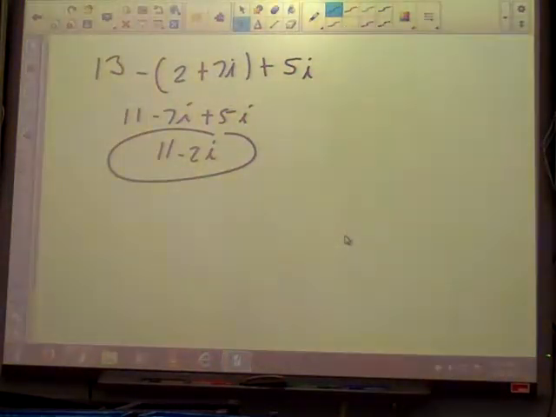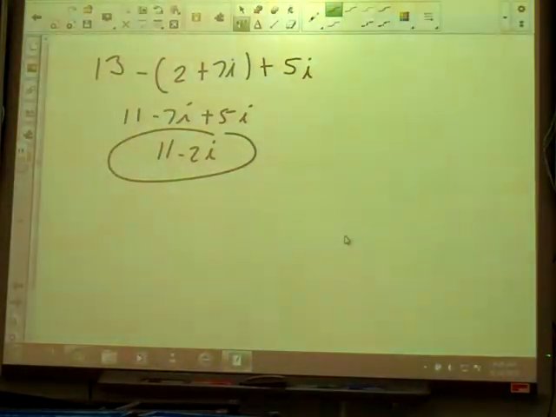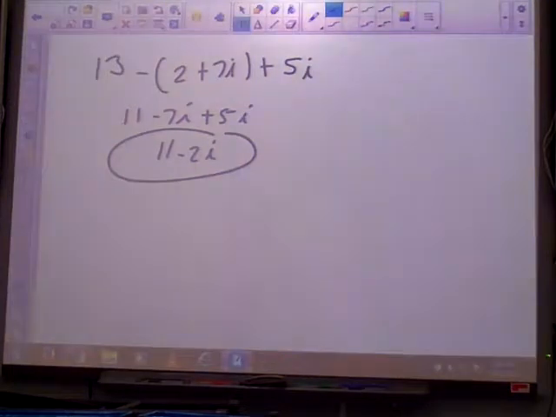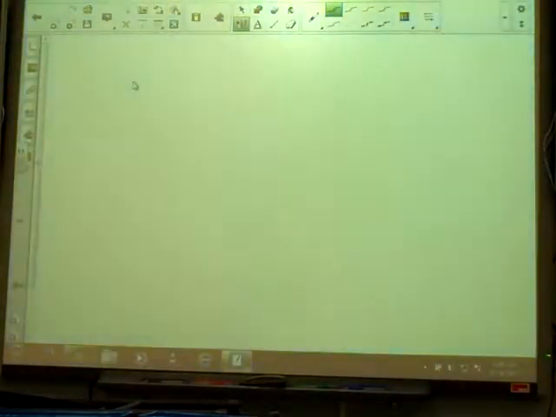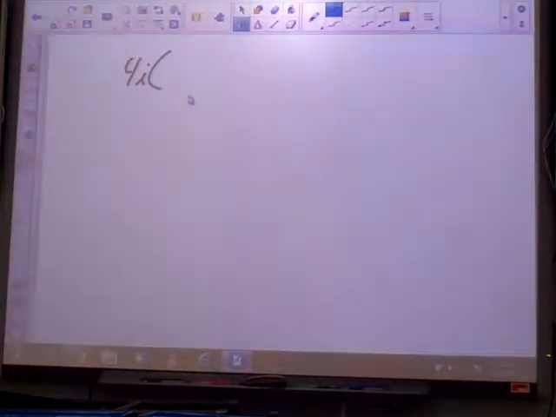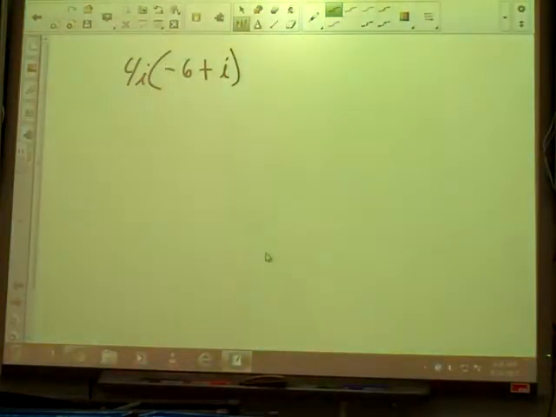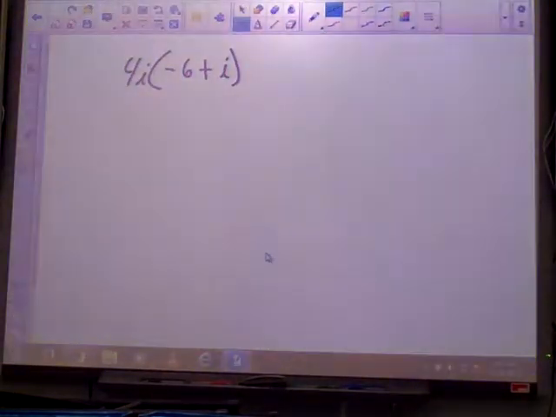All right, so we're good on adding and subtracting with them because we got to multiply with them now. How about 4i times negative 6 plus i. The directions here say to multiply and write your answer in standard form.